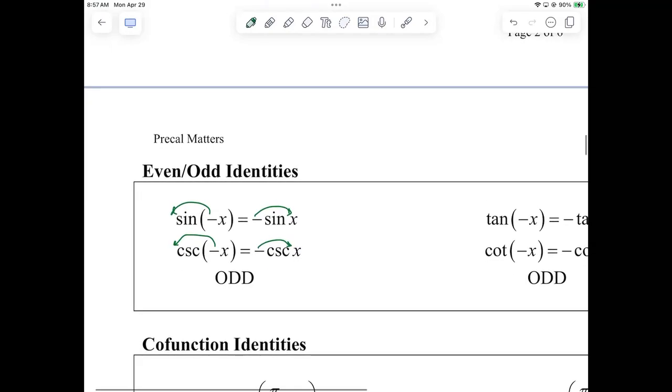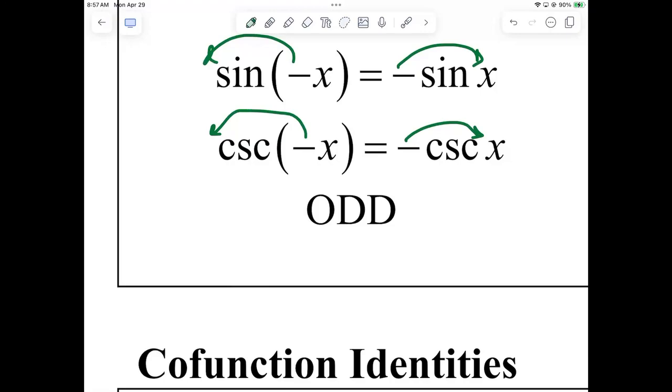The co-function identities. We have been alluding to these from day one when we learned about sine and its co-function cosine. Do you remember what the co stood for? Complementary. Two angles are complementary if they add up to 90 degrees.